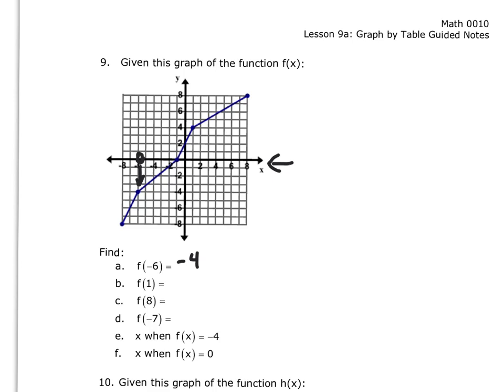So sometimes you're going to have to use the scale to figure out how to read the graph. In this case, the x value is +1 here. This time I have to look up to find where the graph actually crosses f of 1, and it crosses f of 1 at a y value of +4.